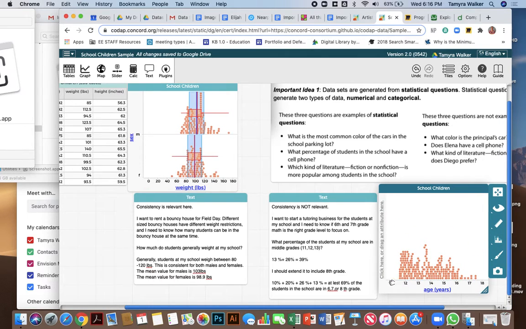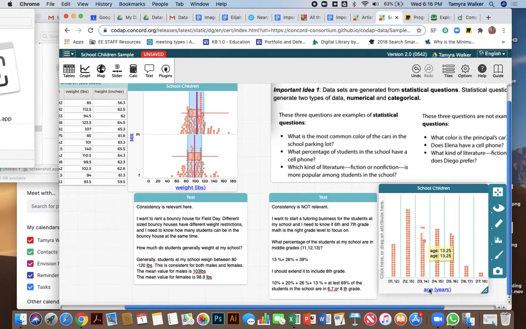Okay, so it looks like a good amount of the data is clustering around 12 and 13, but I like to get precise, so again, I'm going to group this into bins. Okay, and I'm asking for what percentage of the students at my school are in middle grades, age 11, 12, and 13. So I'm going to do a percent, and it calculates it for me up here.